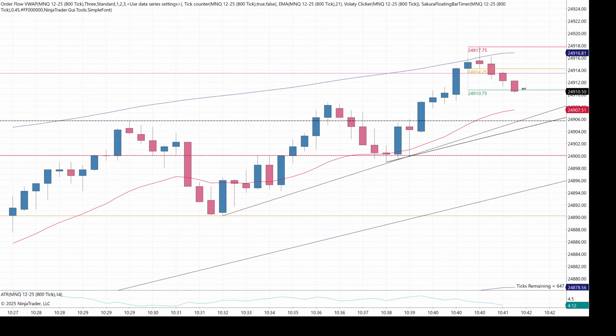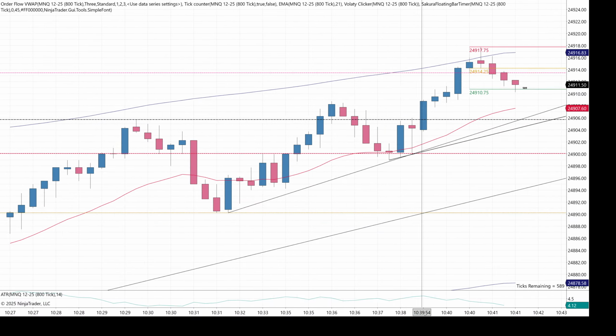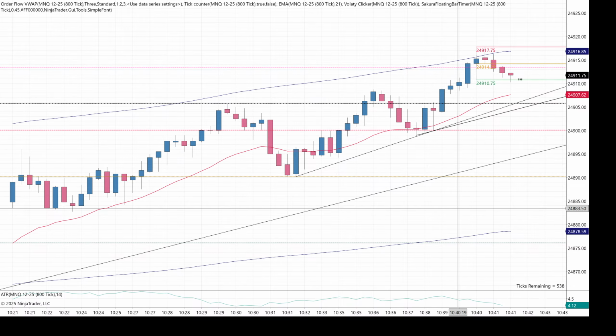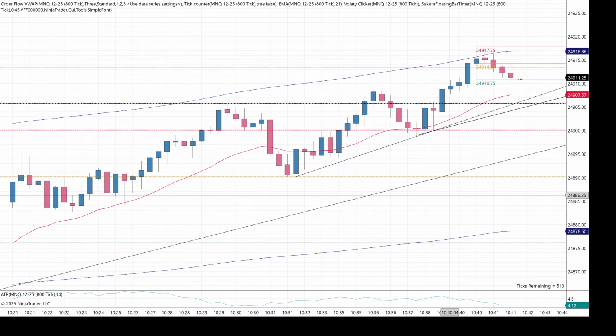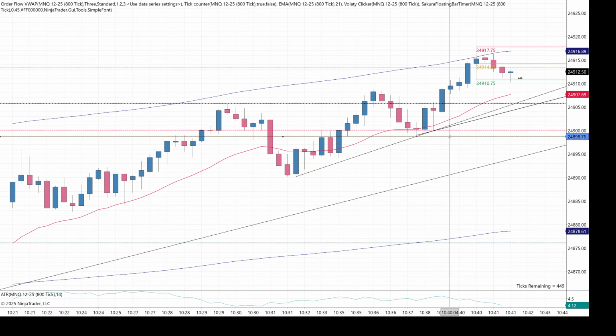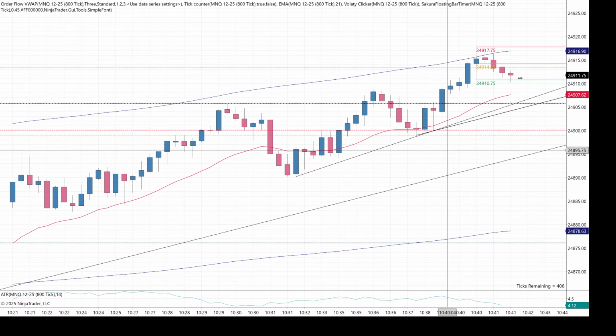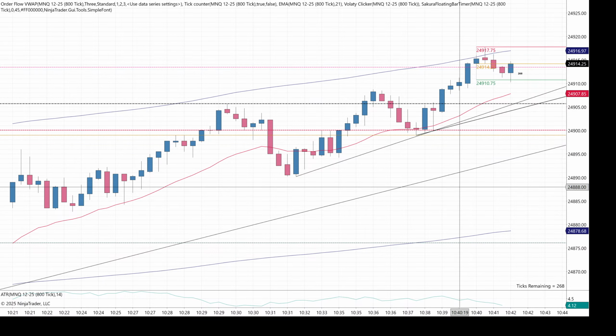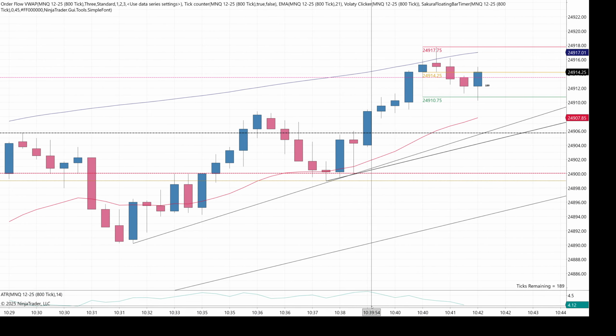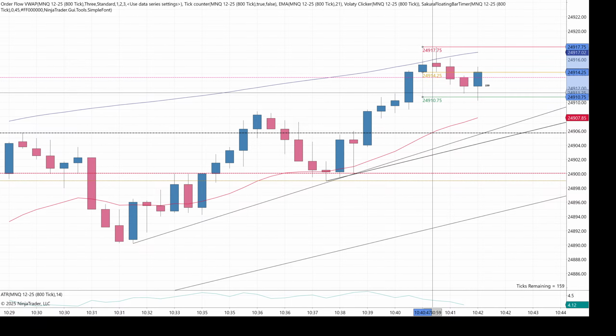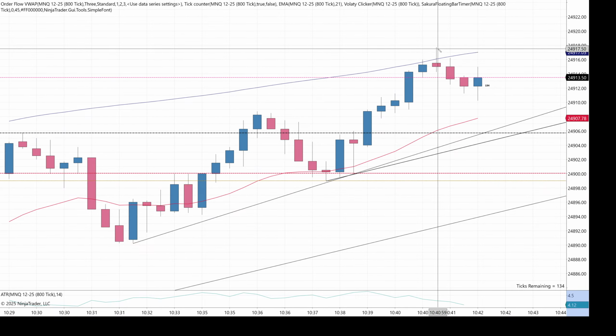All right, this already hit target. Yep, golden ruler moves up, thank you. All right, runner's taken out here. We do have a downward trend line.